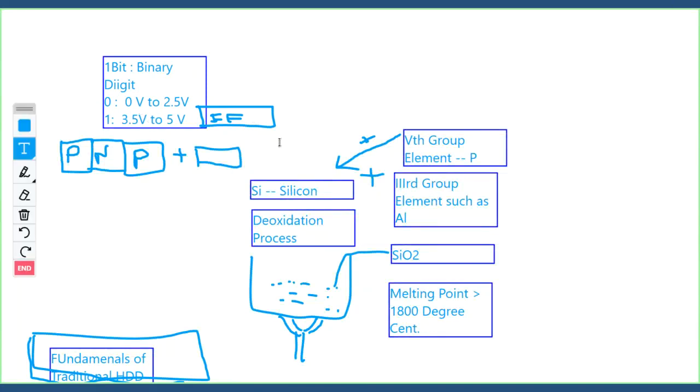Now consider a situation where you connect multiple flip-flops together. What will happen? If you connect multiple flip-flops together, they form another great electronic circuit called a register.